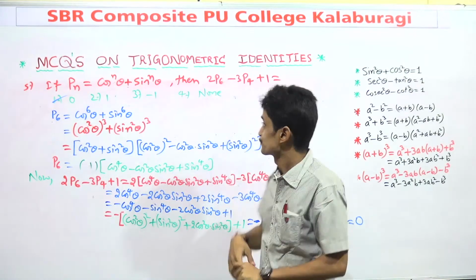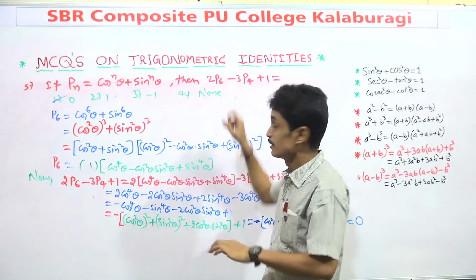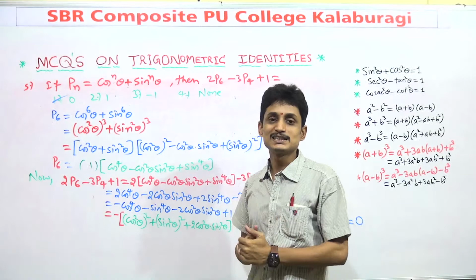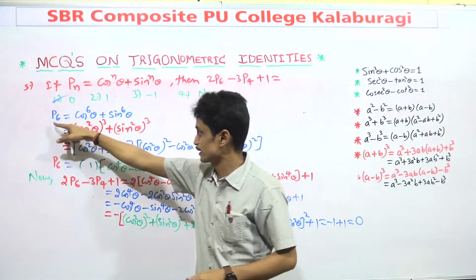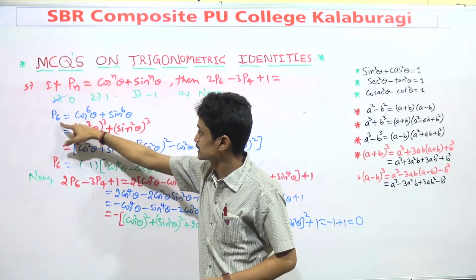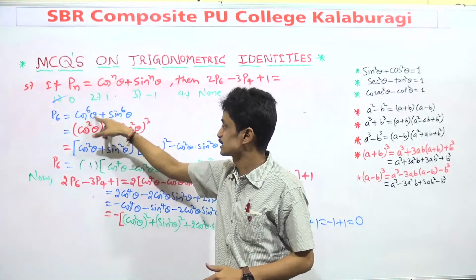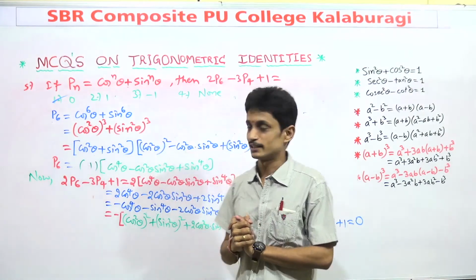We are going to find this expression's result, but we don't know P6 and P4. Instead of P6 and P4, they give the statement. Just write P6: replacing n by 6, it should be cos power 6 theta plus sin power 6 theta.